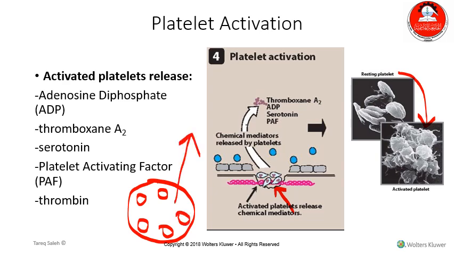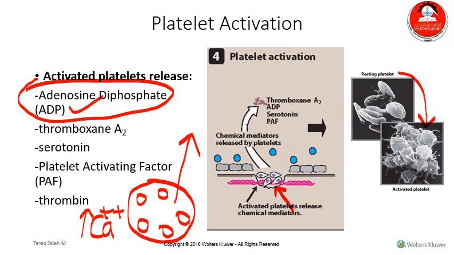These granules are, of course, released, as we talked about, due to the sudden rise of calcium levels inside the cell. These granules contain many platelet activating mediators, including ADP, which is a very important platelet activating mediator, thromboxane A2, serotonin, platelet activating factor, and thrombin.